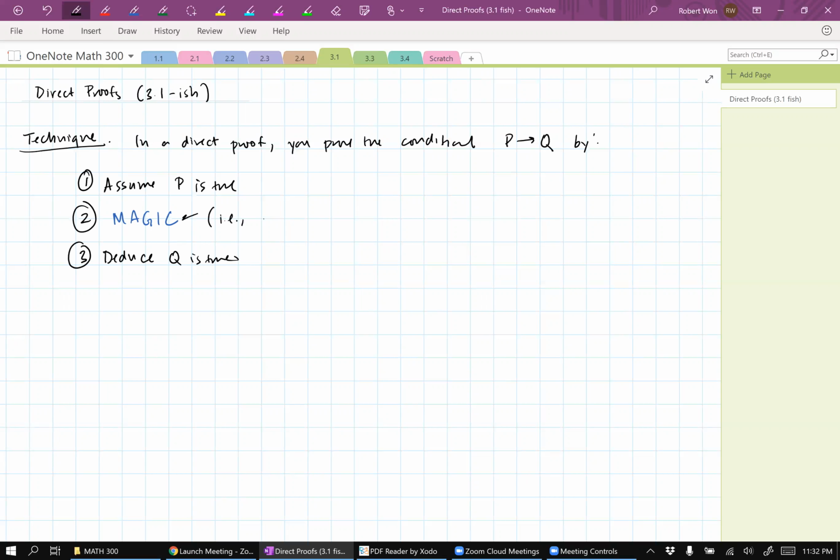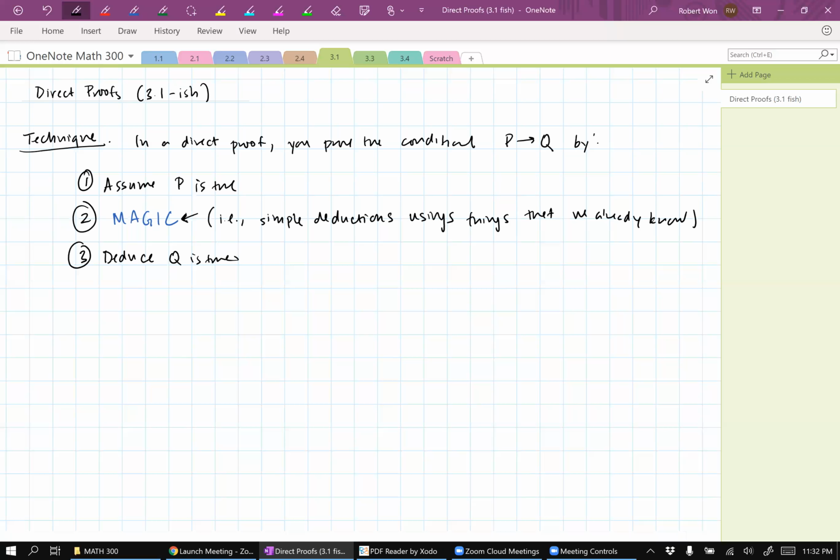Let's say, i.e., simple deductions using things that we already know. So as long as the things that you do in step 2 are things that you know are true, and if you start by assuming that P is true, you do a bunch of stuff that you know is true, and then you show that Q is true, then you've shown that the conditional if P then Q is true.